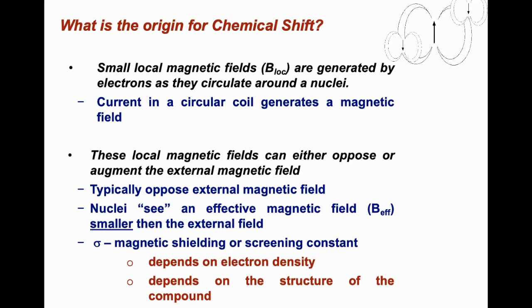Different electron densities give different Larmor frequencies. Suppose you have three different types of electron densities, then normally I would see three different NMR signals. And if you have four different types of electron densities, then we will have four different NMR signals in the NMR spectrometer.